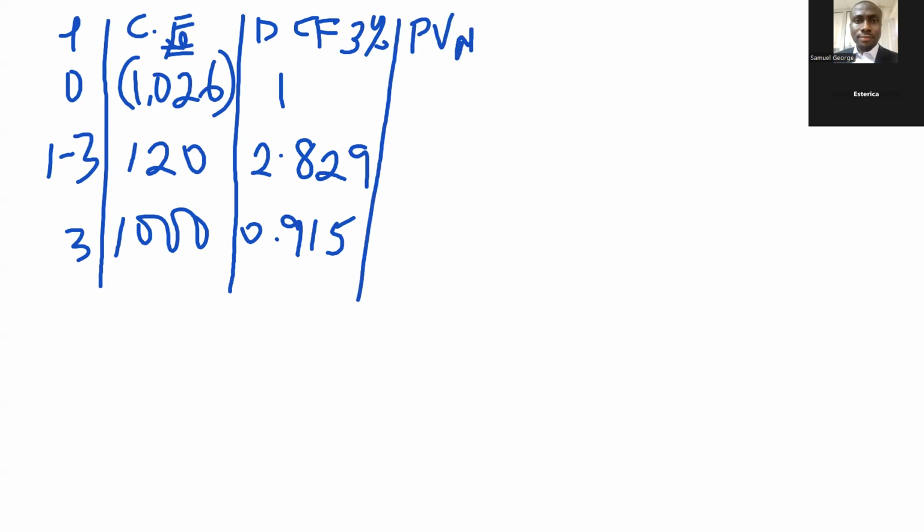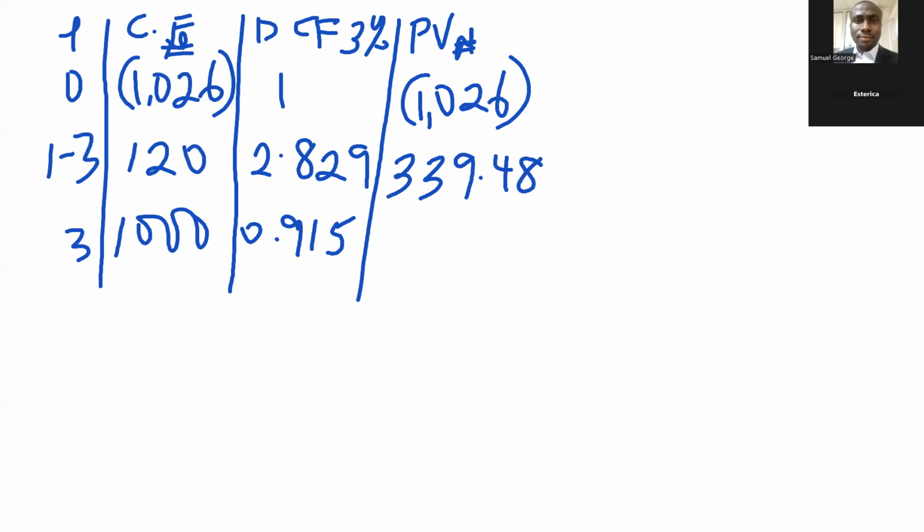So what is going to be the PV in naira? Negative 1026, that is 1 times; then 120 times 2.829 equals 339.48. Then 1,000 times 0.915, I got 915.